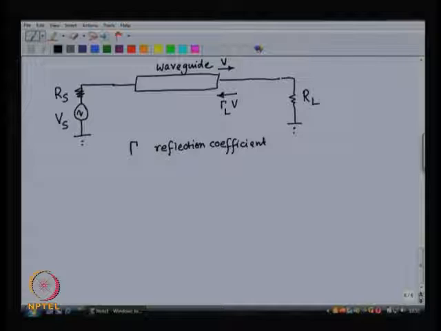Similarly, if this particular reflected wave hits the source, then a portion of the reflected wave is reflected back again.